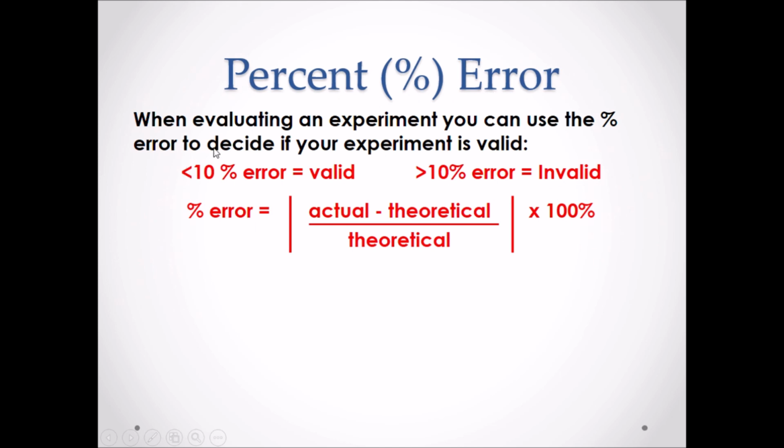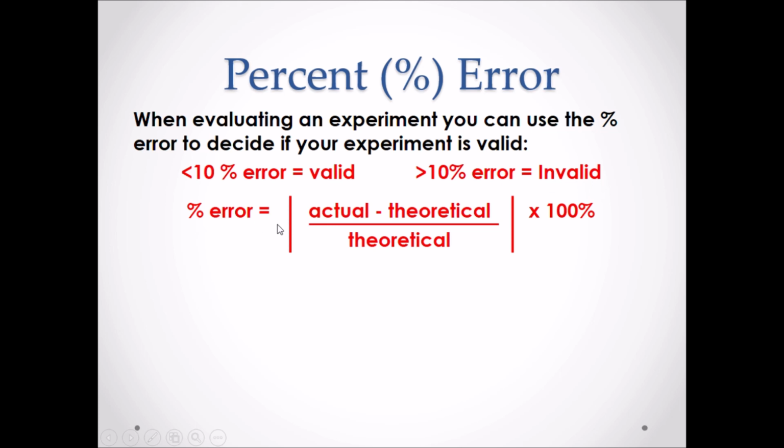Percent error. When evaluating an experiment, you can use the percent error to decide if the experiment is valid. If the percent error is less than 10%, the experiment is considered valid. If the percent error is greater than 10%, the experiment is considered invalid.